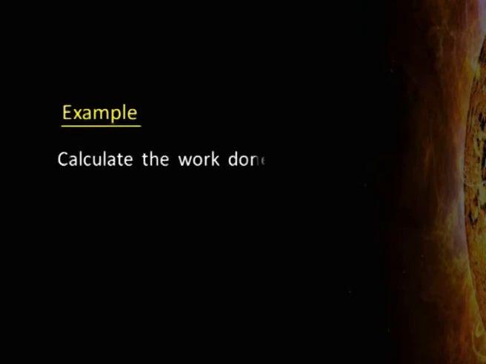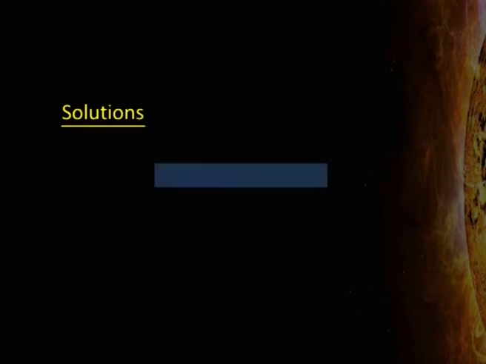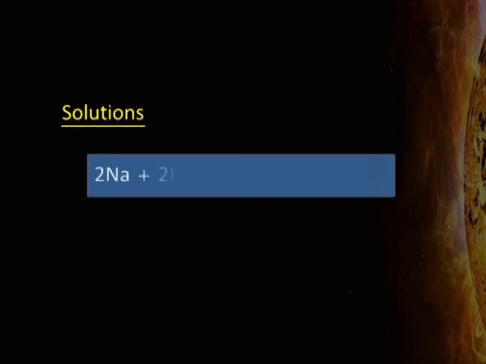Calculate the work done in an open vessel at 300 Kelvin when 92 grams of sodium reacts with water. Assume ideal gas behavior. Now you must know the reaction between sodium and water. It is sodium plus water, you will get sodium hydroxide and hydrogen. Here is the balanced equation for the reaction.